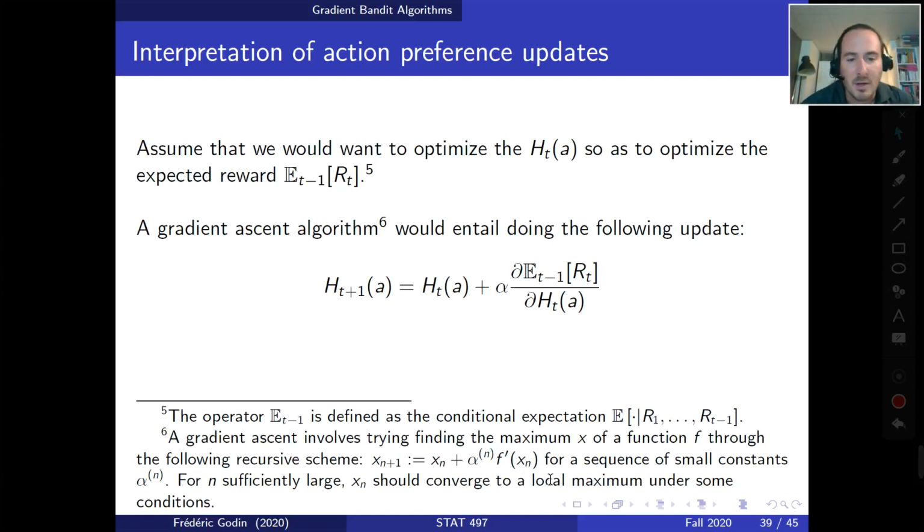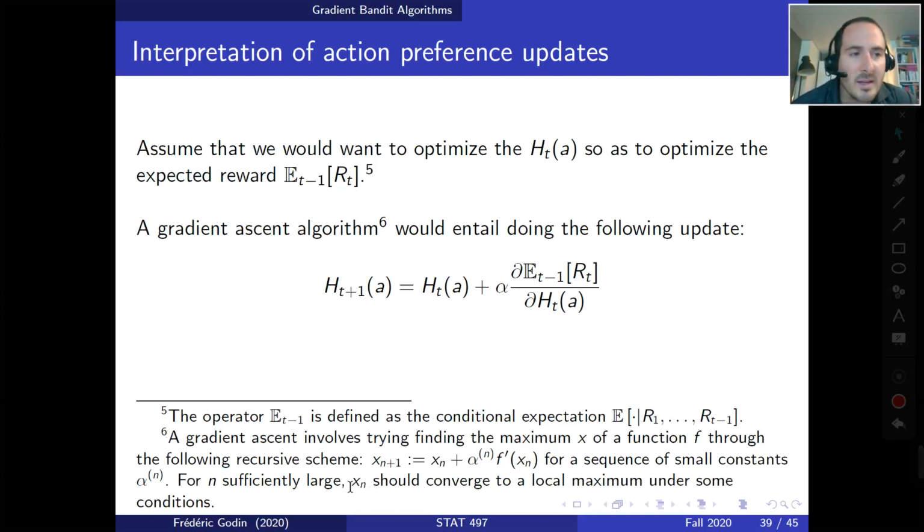At that maximum, the gradient, or the derivative, should be zero, or approximately zero. So eventually, when you reach the maximum, that sequence will be constant and will stay at the maximum.